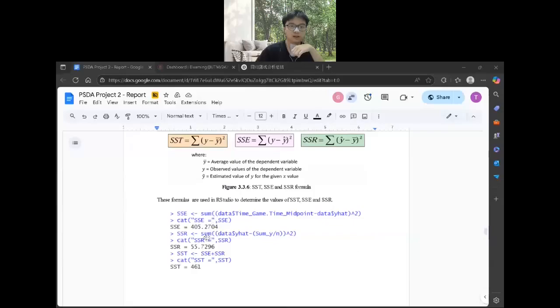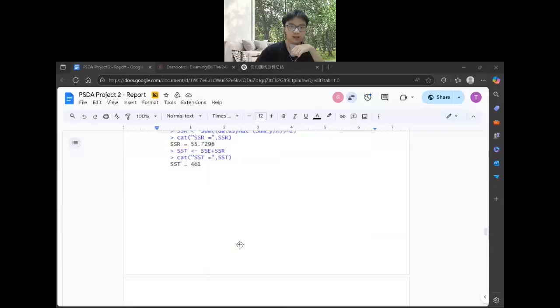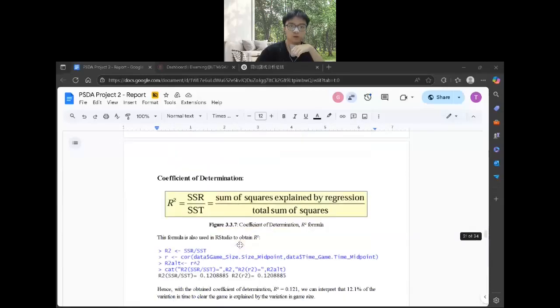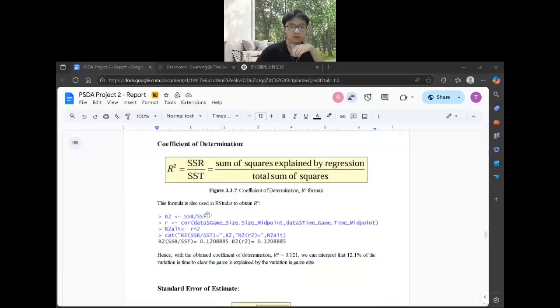After we calculate SSE, SSR, and SST, we also have to calculate R squared, which is the coefficient of determination. R squared is actually SSR divided by SST. We also use it in RStudio, and we get a value like this, 0.12, something like that.